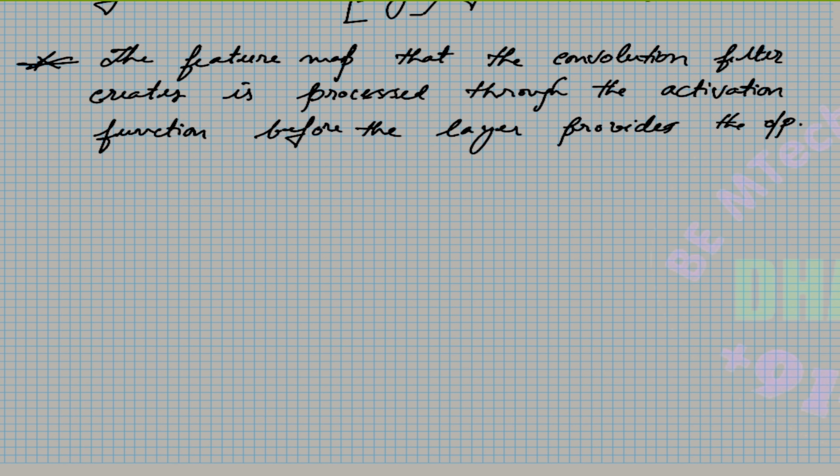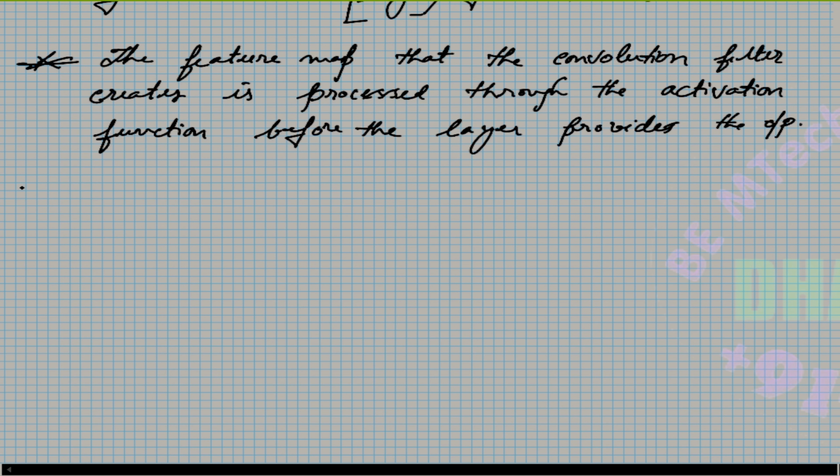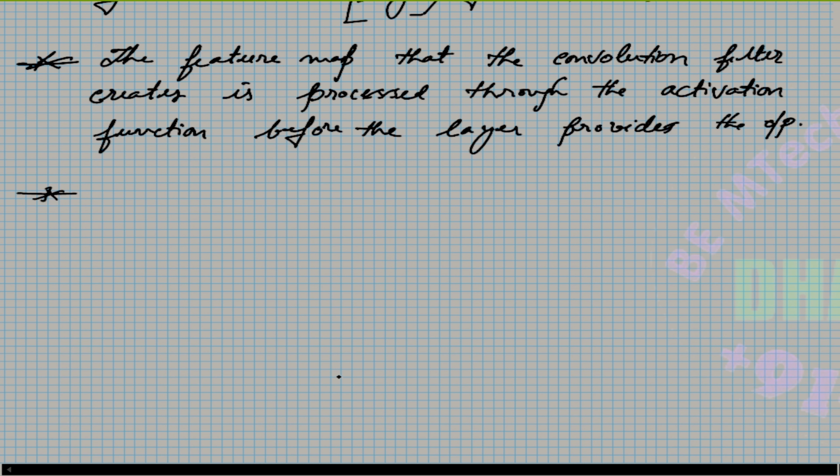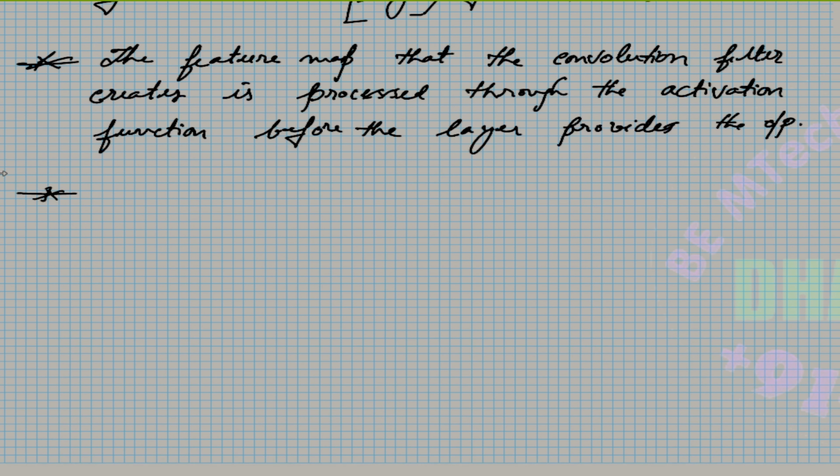But definitely the other functions like sigmoid, tan hyperbolic, any other functions which we have seen earlier can also be used here. Activation functions depend on what exactly we are trying to perform, what type of algorithm we are trying to write. Let me write that.